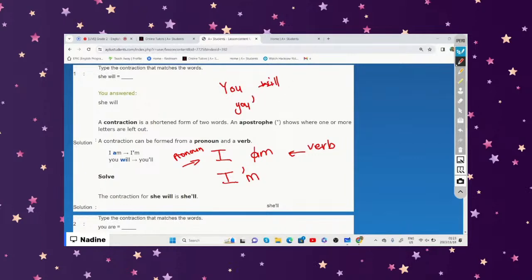We add the apostrophe in its place, and we add the double L for will. So you'll. So that is our contractions that we form from a pronoun and a verb, where the pronoun stays the same and we basically leave out a few letters or a letter of the verb.